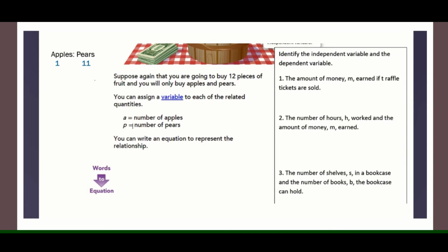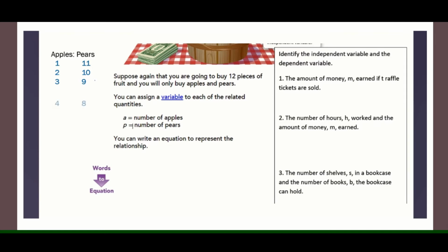Another combination: if we buy 2 apples, that means we can buy 10 pears, because 2 plus 10 is equivalent to 12 pieces of fruit. A change in the apples is going to affect the change in the pears. If one increases, the other has to decrease, and the number of fruit must not exceed 12. If we have 3 apples, we have a total of 9 pears, because 3 plus 9 equals 12.